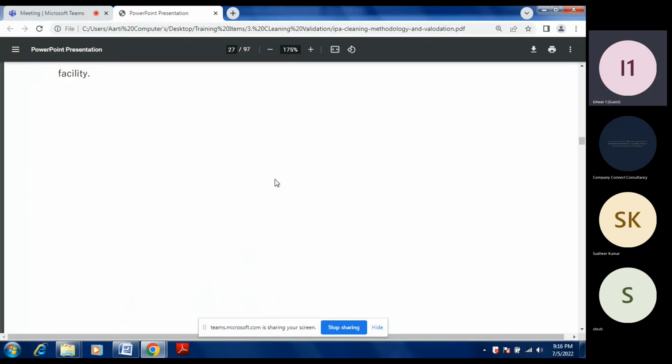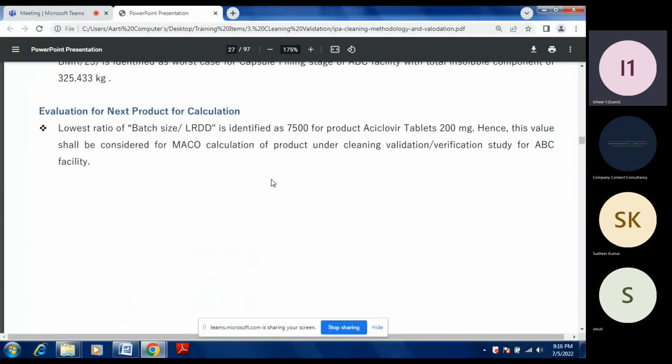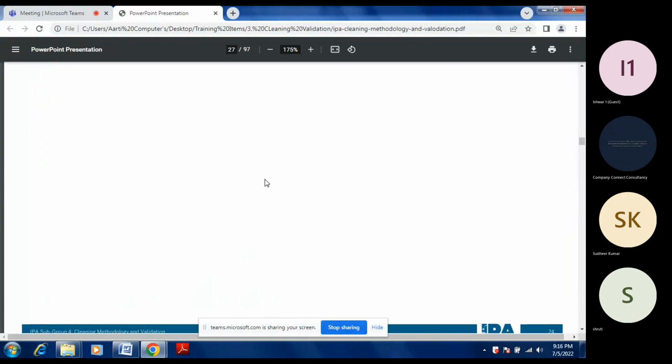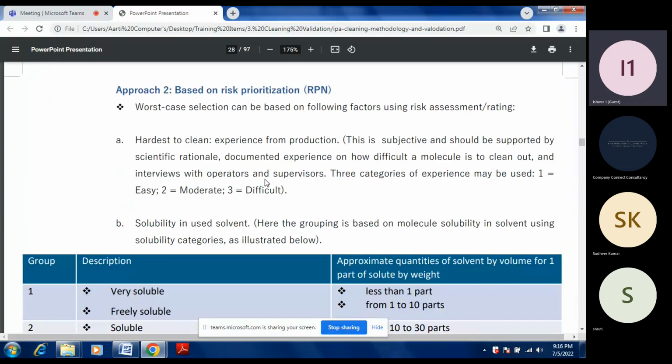So there are so many calculations. There are different types of calculations we are using for the macro calculation, maximum allowable carry over. Different types of activities we are following for the daily dose criteria, like based on the therapeutic daily dose criteria, then macro calculation.